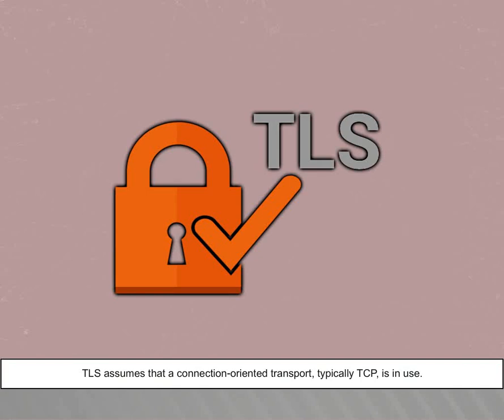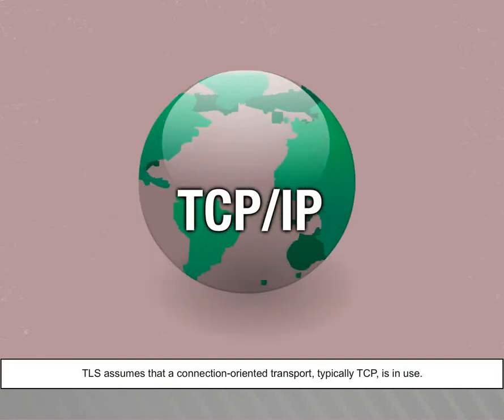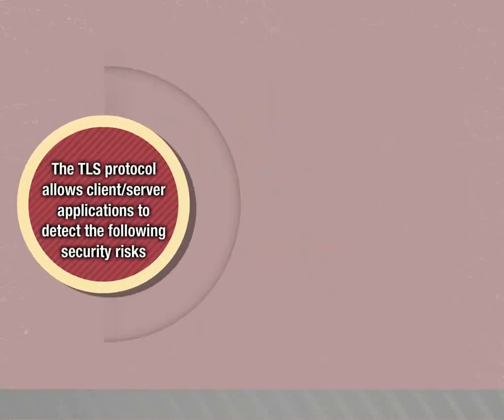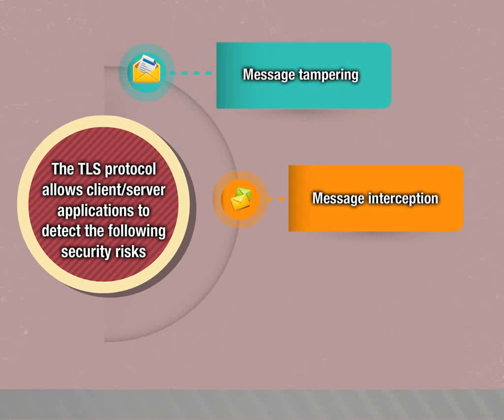TLS assumes that a connection-oriented transport, typically TCP, is in use. The TLS protocol allows client-server applications to detect the following security risks: message tampering, message interception, message forgery.